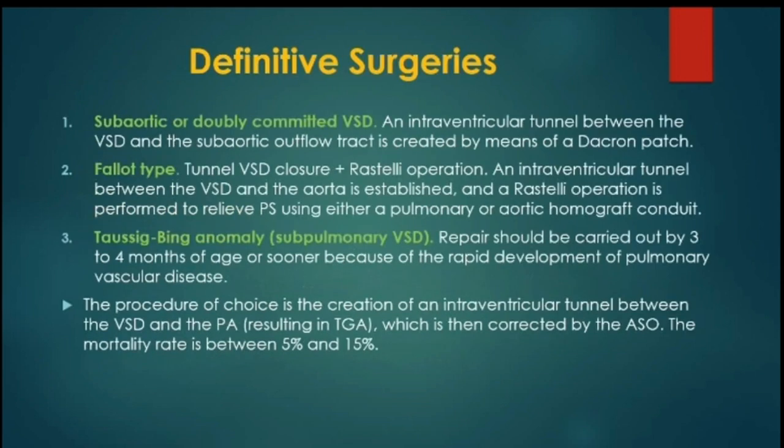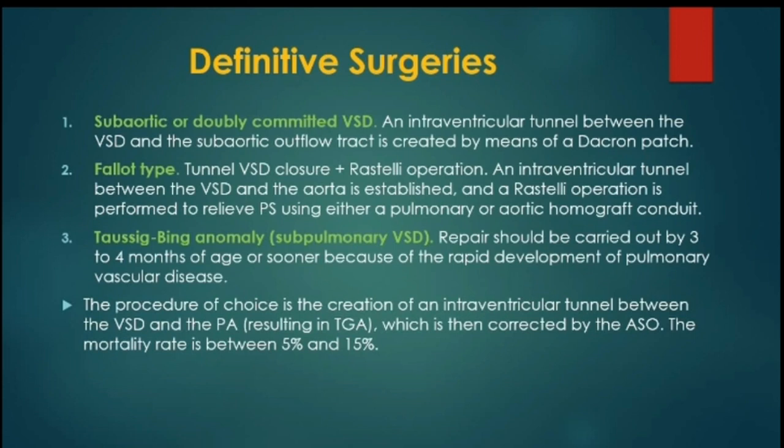Definitive surgery for patients with double outlet right ventricle depends on the type of the pathology. In cases with subaortic or a doubly committed VSD, an intraventricular tunnel between the VSD and subaortic outflow is created by a Dacron patch. It's simply a VSD closure.